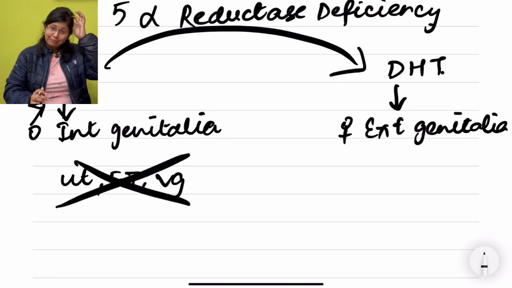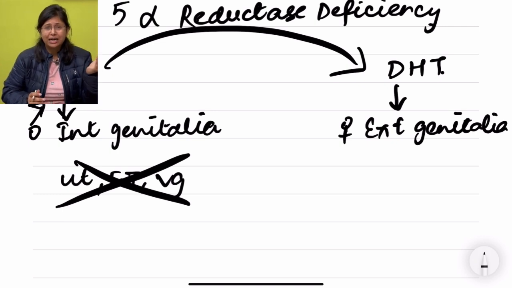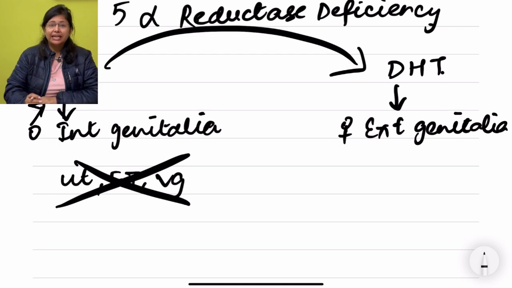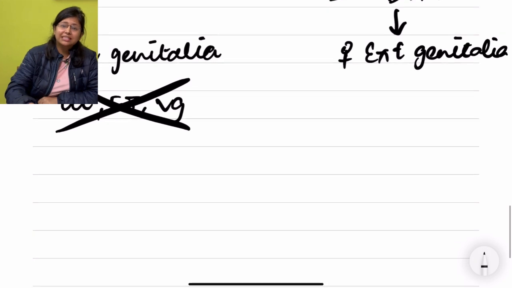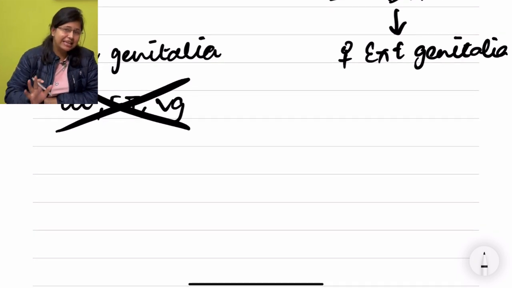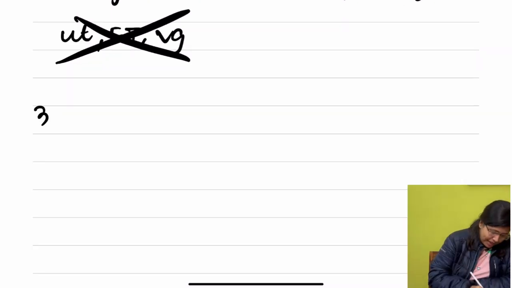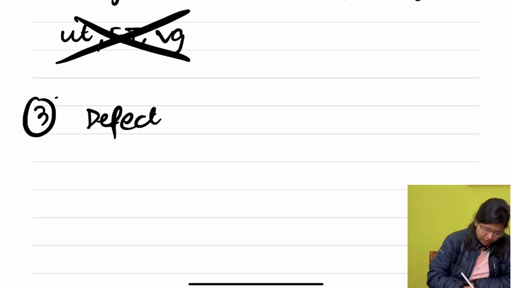So this is typically the scenario that will be given to you: this child had some ambiguous genitalia at birth but was raised as female and now has primary amenorrhea, and on imaging has male internal genitalia, but the external genitalia are female. This is very rare, so I do not count on this coming as a question anytime soon. And the third thing that you might have is a defect in androgen function.